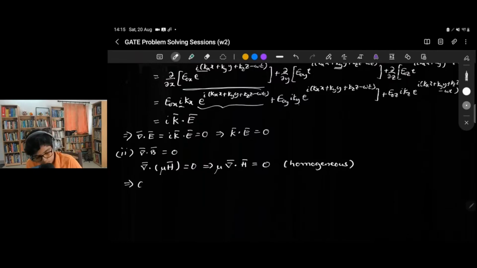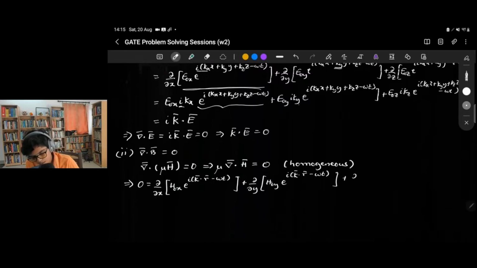And so let us just solve it similar to how we did for the previous equation. So similar process we are adopting over here.